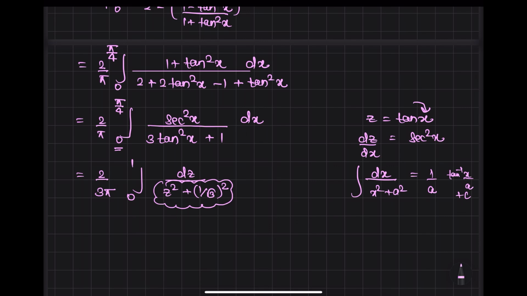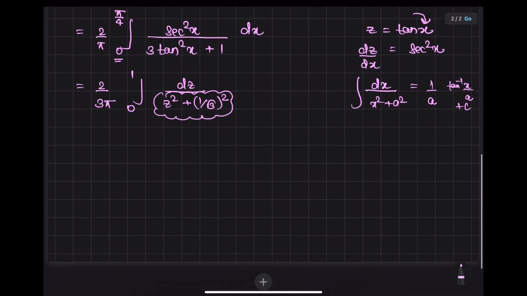So we will apply the same logic over here. So we have 2 by 3 pi times 1 by a. So 1 by root 3 will become root 3. Okay, and then we will have tan inverse of root 3 z. Now you have to apply the limit.